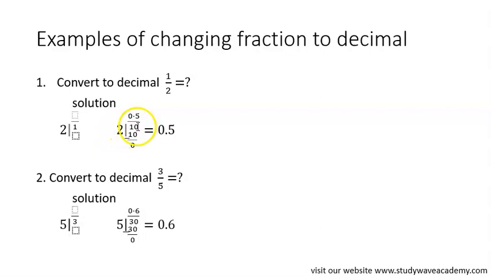Can 2 divide 10? Yes, 2 can divide 10. If 2 divides 10, it will be 5, without a remainder, right? So you write 5 up and say 5 times 2 will give you 10. So you write 10 under the first 10. And when 10 minus 10, it will give you 0.